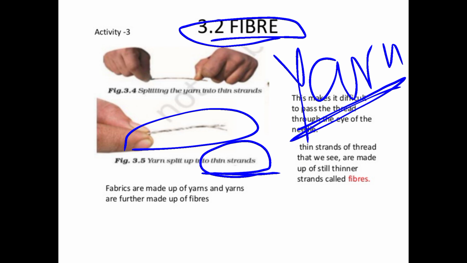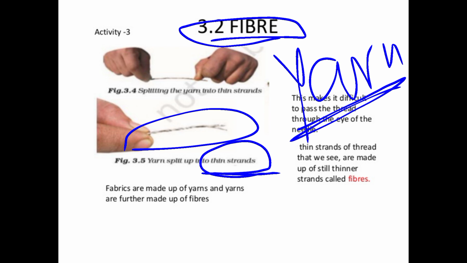And then yarns are intertwined with one another to make the fabric that we put on to cover our body in different seasons, right? So fabrics, that means the clothes, are made up of yarns, and yarns are further made up of fibers. The different types of clothes that we put on our body protect it from sunlight and from the cold during winters.